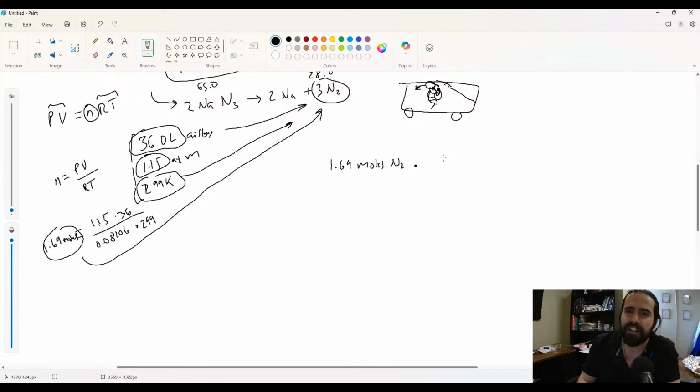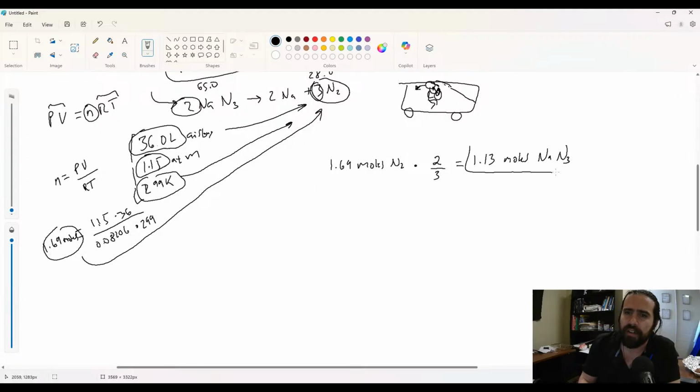So I take the coefficient of what I want to turn it into, which is sodium azide, that's 2. That's this guy right here, divided by the coefficient of where we're coming from, 3 in this case, because we're coming from nitrogen. If I multiply that by 1.69, that'll give me 1.13 moles of sodium azide.